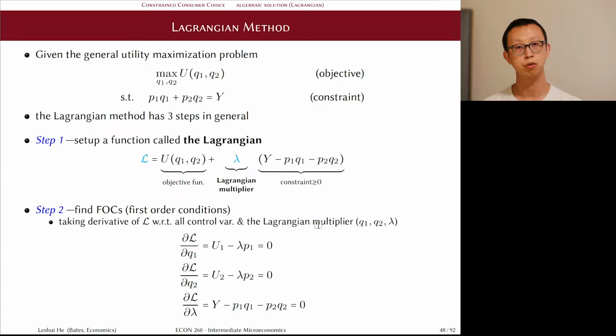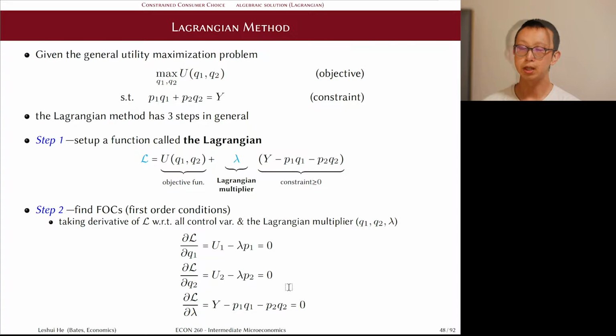Now with 2 control variables and 1 lambda, we will end up taking 3 derivatives and yielding 3 first-order conditions. The idea is that, roughly speaking, we're searching along 3 different dimensions for the optimal solution, and the first-order condition needs to hold on each and every dimension.